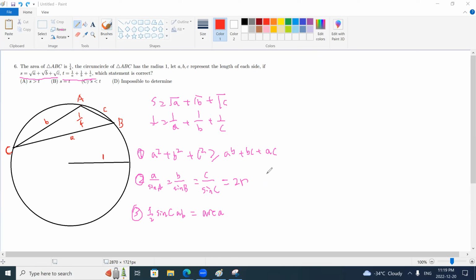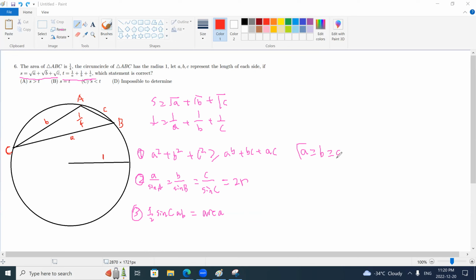Actually, let's first prove this inequality. Most of the time you don't need the equal sign here. If A is equal to B and it's also equal to C, then these two sides will be equal to each other.